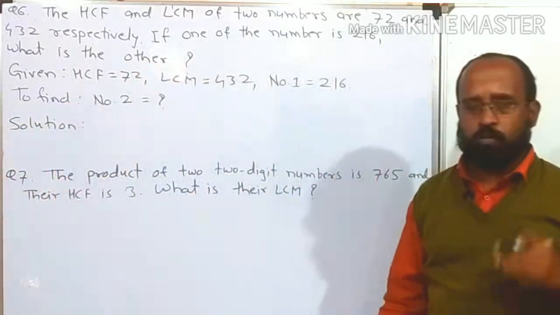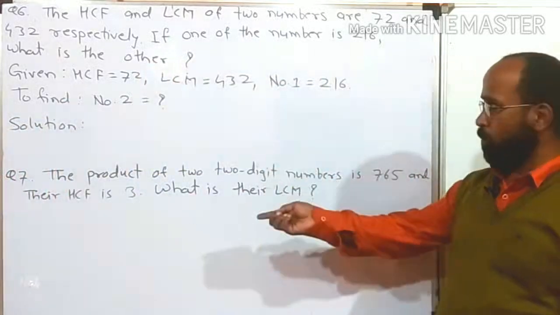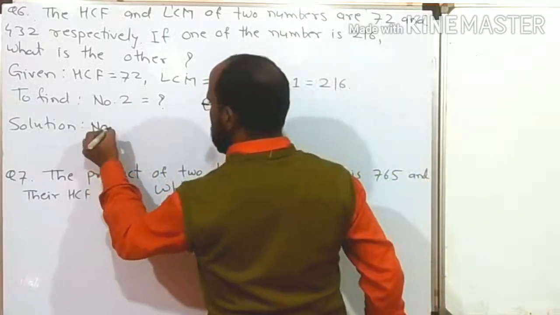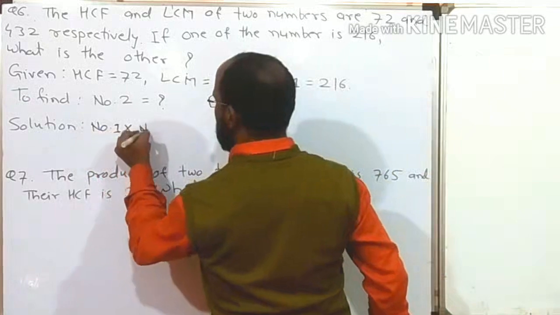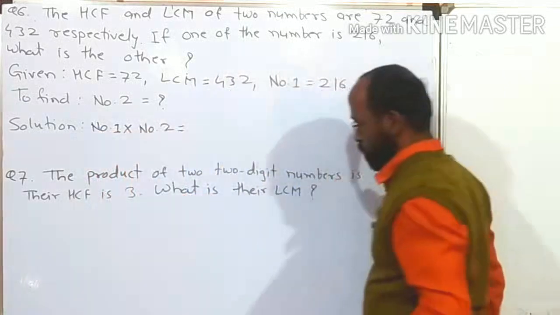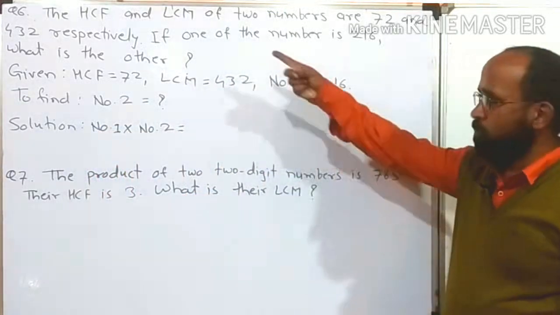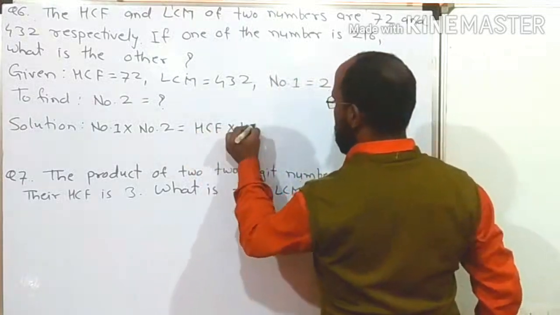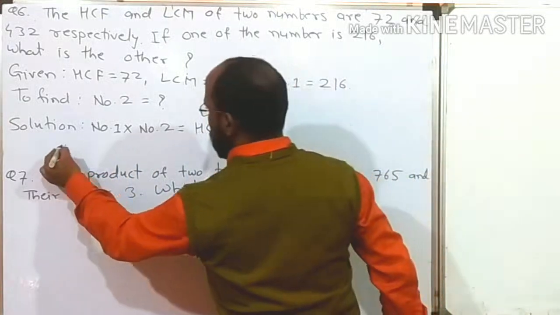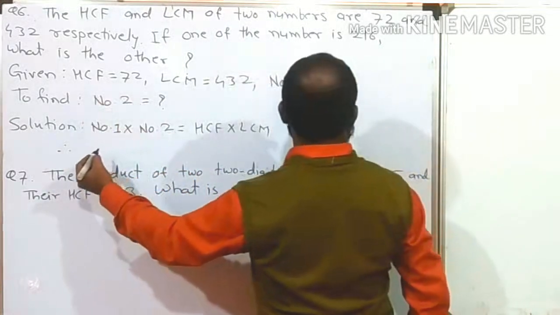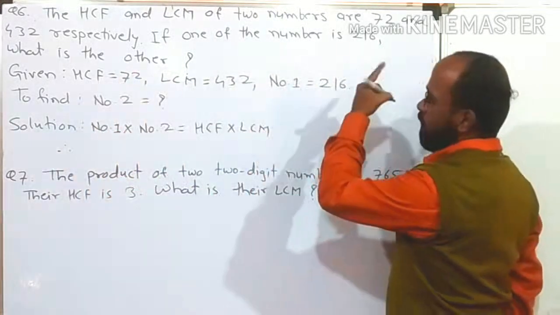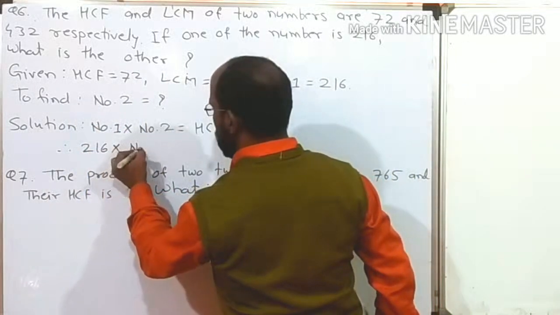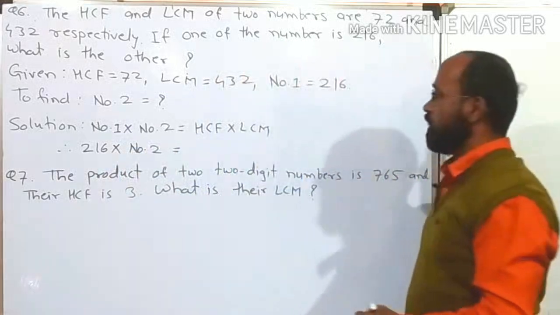Okay, our solution is so easy. It's just based on one rule. The rule is: multiplication of two numbers, number 1 and number 2, is equal to multiplication of their HCF and LCM. Therefore, number 1 is 216. 216 multiplied by number 2 is equal to HCF into LCM.